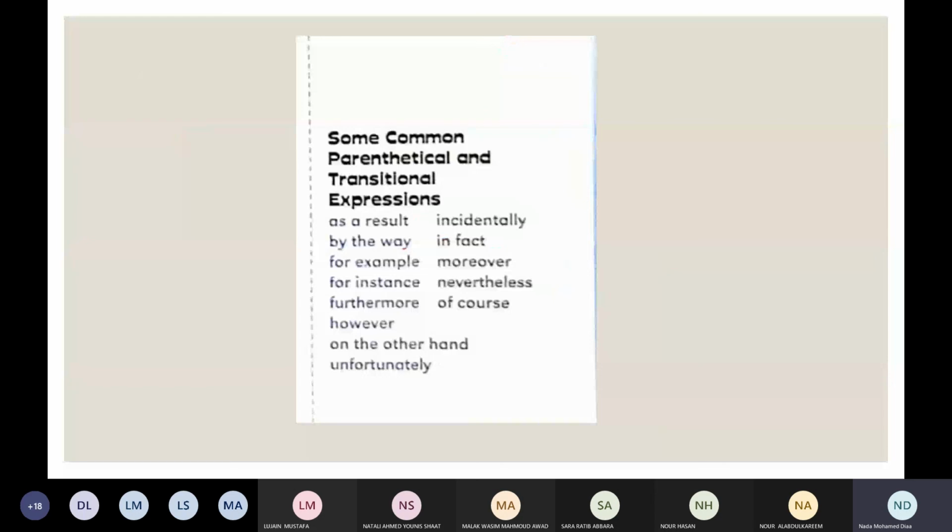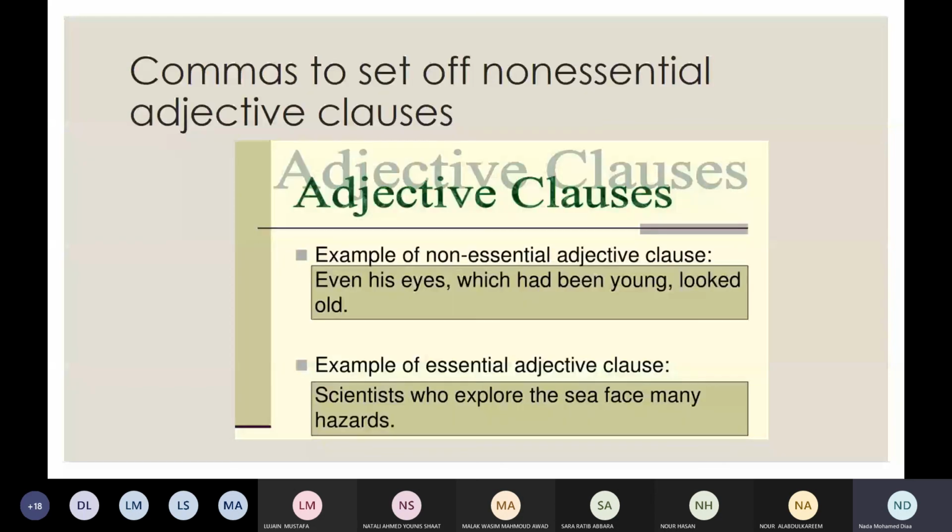Who wants to explain this? Dura? Yes, miss. The adjective clauses. When the adjective clause is non-essential, or when it can be omitted, or it's not important, or when it's explaining the noun, we put it between two commas.